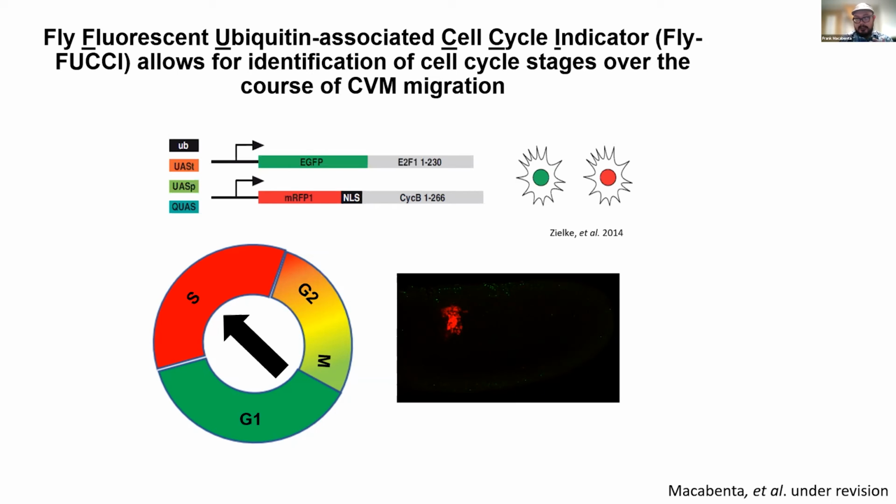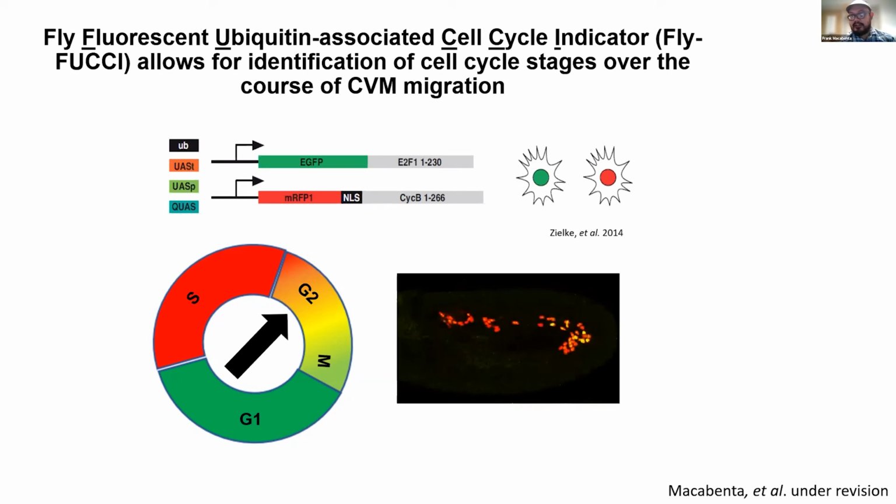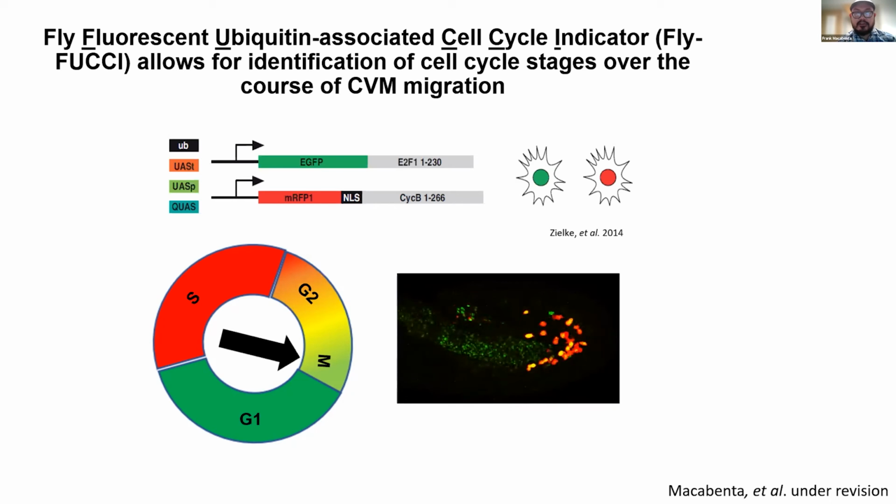So to track where you are in the cell cycle over the course of CVM migration, you only need look at the color. So CVM cells that are red are in S phase. And as the cells transition into G2, you start to see that the cells adopt a more yellow color due to the overlapping red and green. And as they transition past M phase and into G1 phase, you start to see only green signal appear.